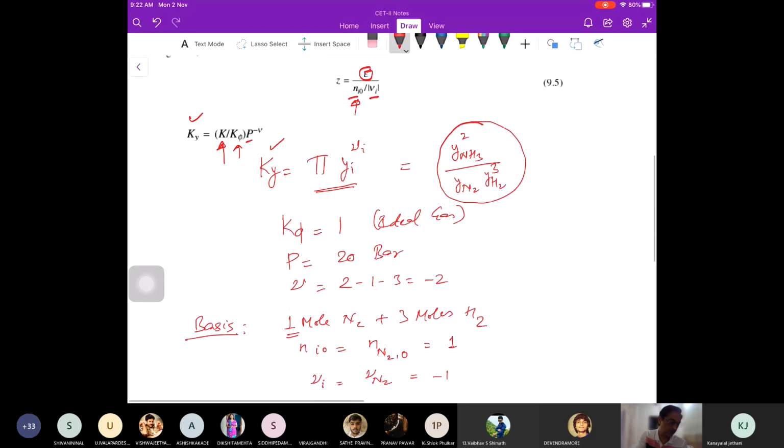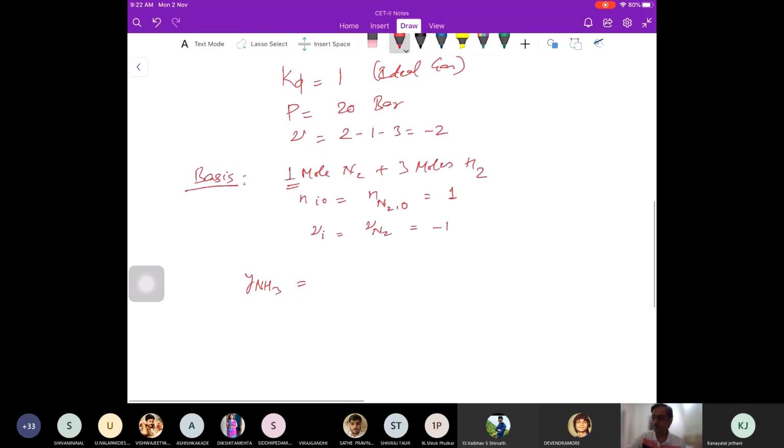What is the formula for y in terms of epsilon? Doesn't anyone remember? Sir, ni0 plus summation of mu ij into epsilon ij by n0 plus summation of mu I into epsilon I.